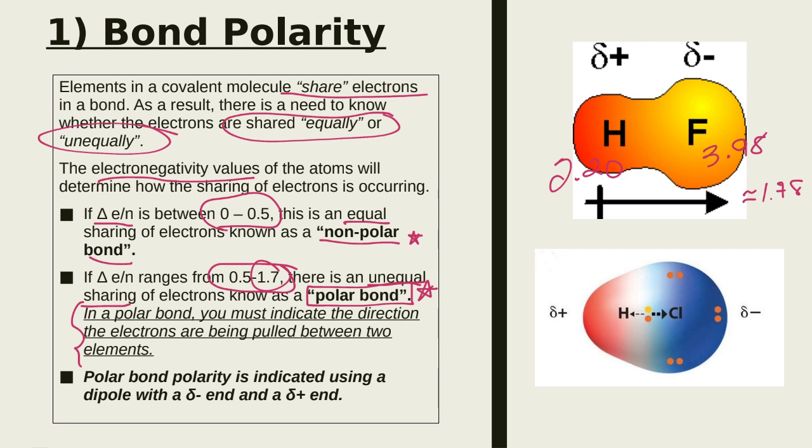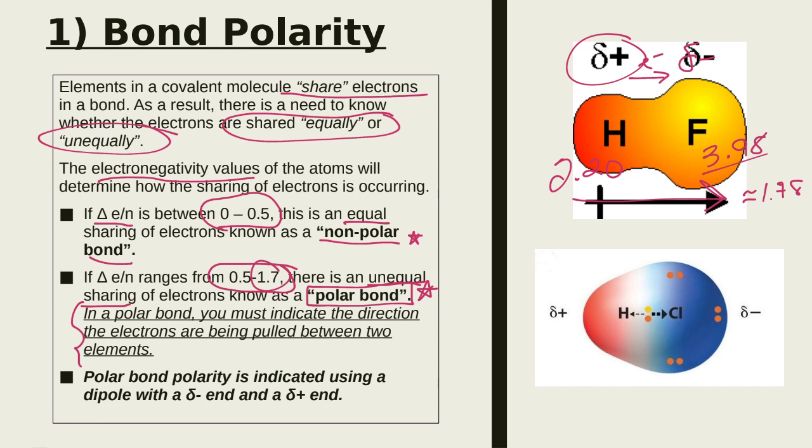And so what we do is we say, okay, this is a polar bond, and we draw this little dipole. We draw a little arrow, and we indicate that fluorine's going to grab the electrons for itself because he has a higher value. And if those electrons are being moved, okay, you don't need to write that in, but I'm just showing you, the electrons are being moved over to fluorine, hydrogen ends up with a more positive charge associated with it. So you have to draw this in now into your bonds.